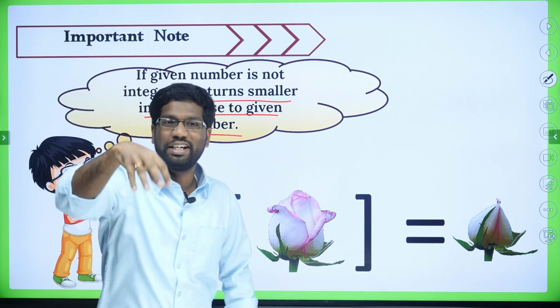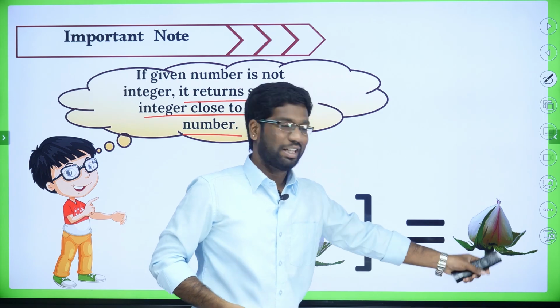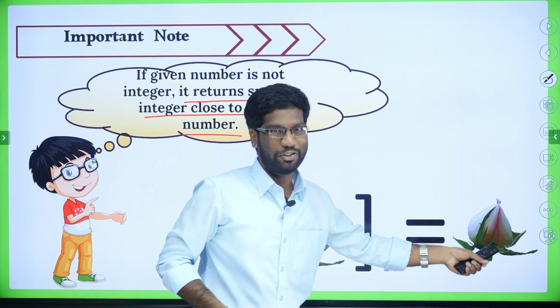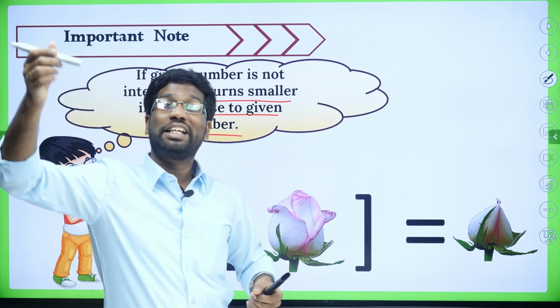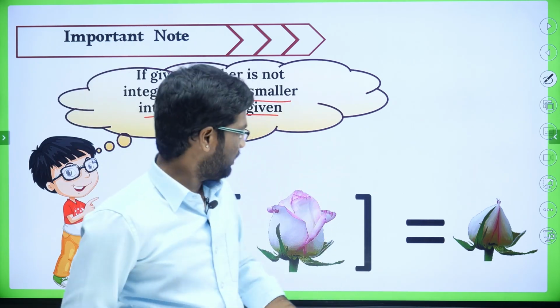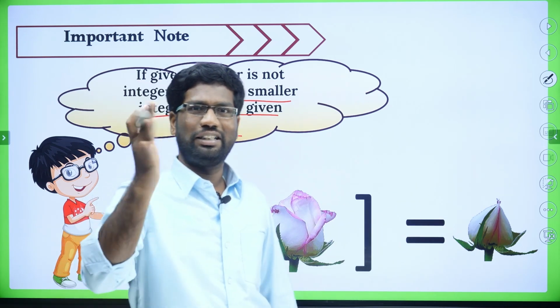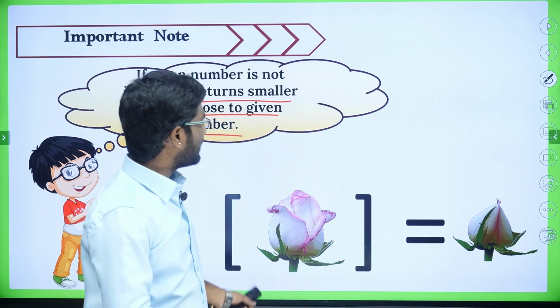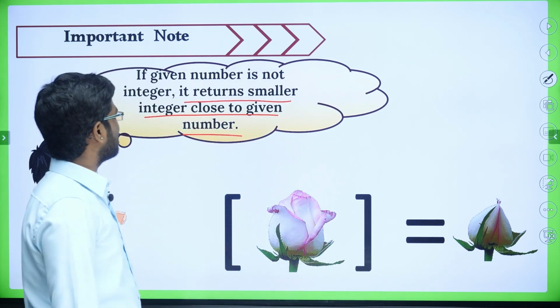But when it comes to the greatest integer function, it has to be a bud only. It can't flower, it can't grow. So whether it is grown or whatever it is, when it comes to the greatest integer function, you can't flower. You have to be a bud. That's all. Just for your understanding purpose, I have done this, my dear students.